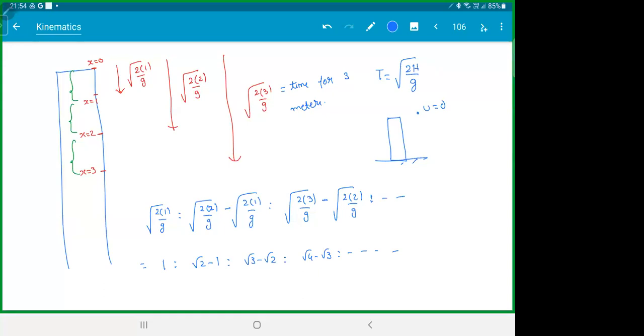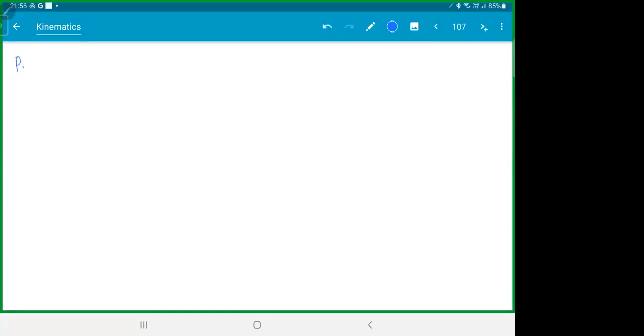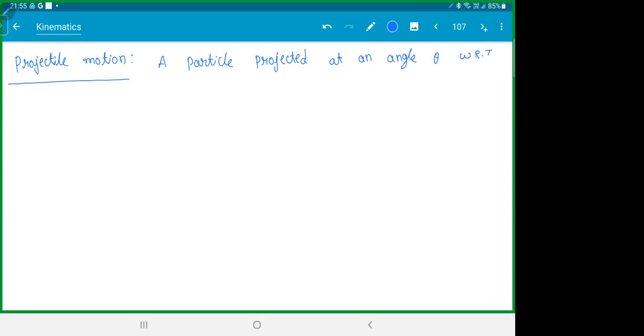Great. Turning the page. The next thing is projectile motion. Now, a particle projected at an angle theta with respect to horizontal, theta not equal to 90, is called a projectile.